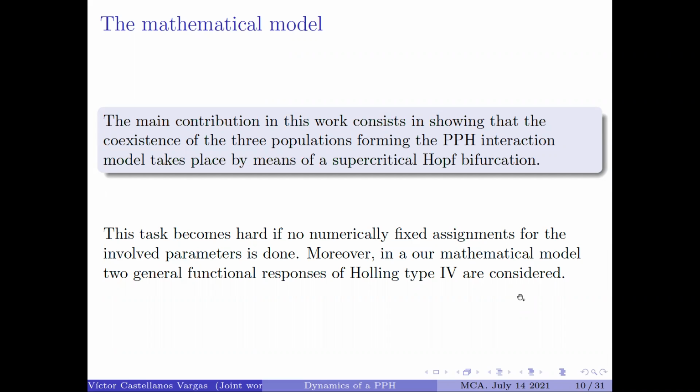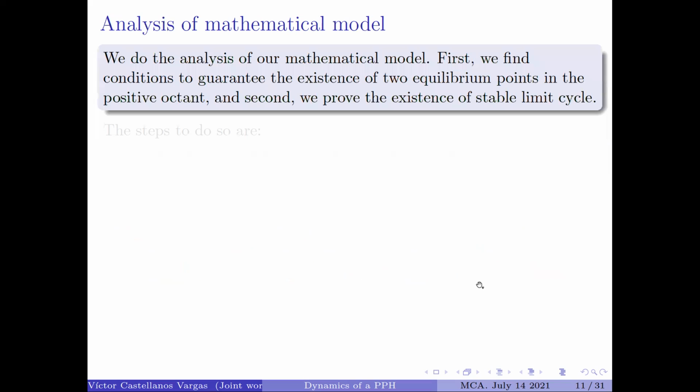This task becomes hard if no numerical fixed assignment for the involved parameters is done. Moreover, in our mathematical model, two general functional responses of Holling type 4 are considered. As you see in the model, there are many parameters, and then to do calculus is very difficult.